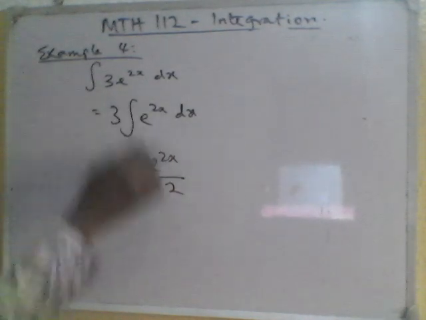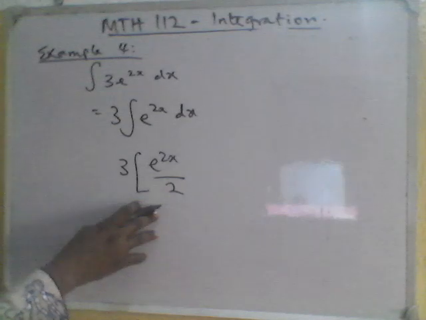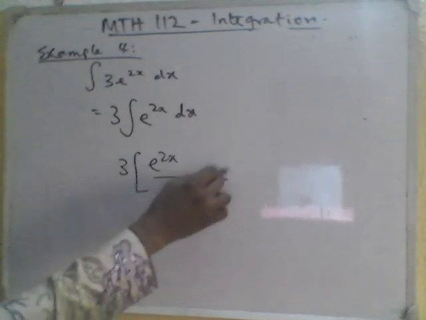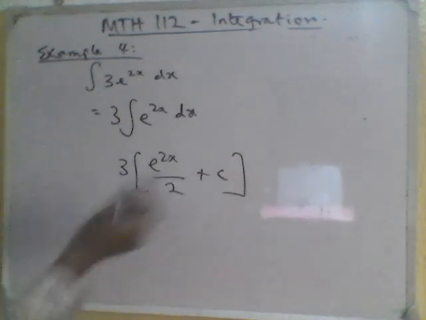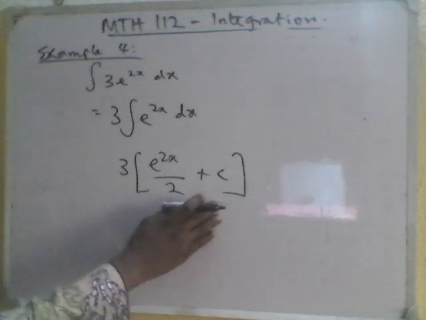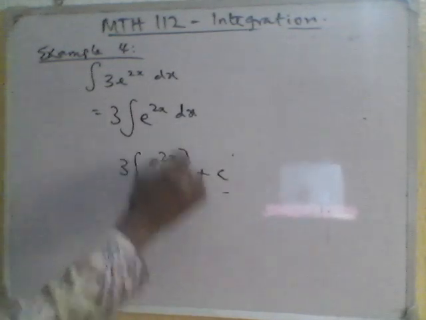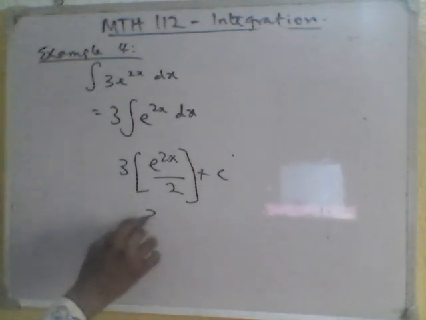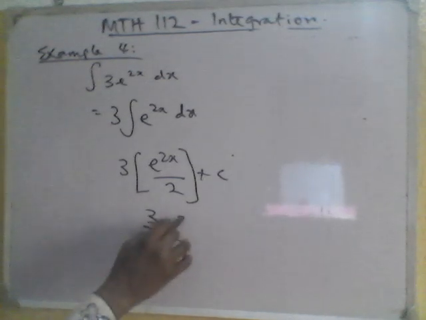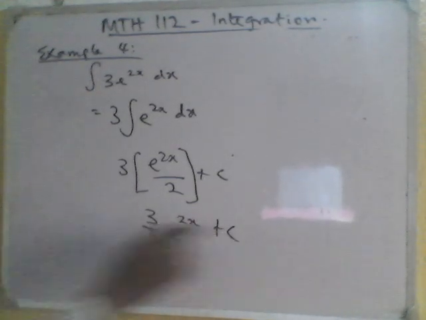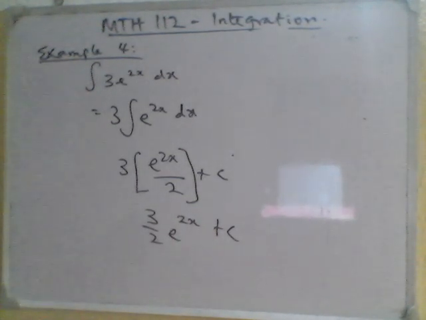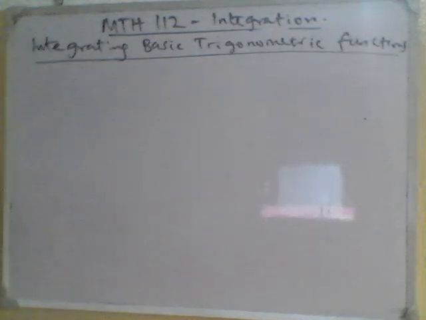This 2 here goes down. You understand? Then plus c. So it is the same thing as saying 3 over 2 exponential 2x plus c. So that's the answer for this one.